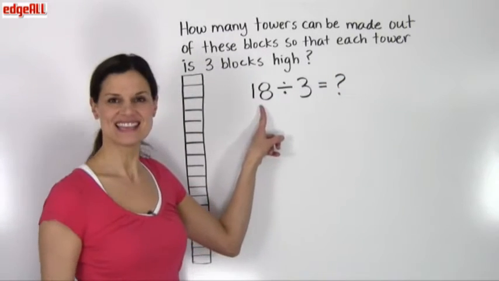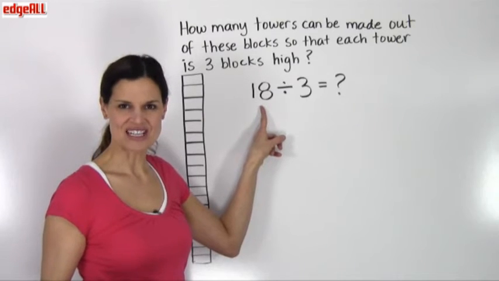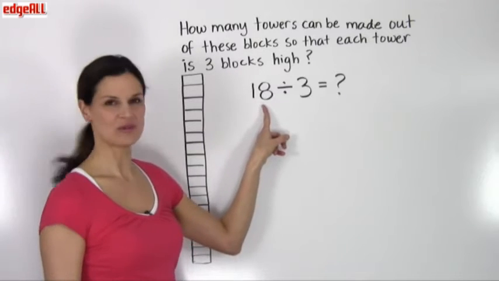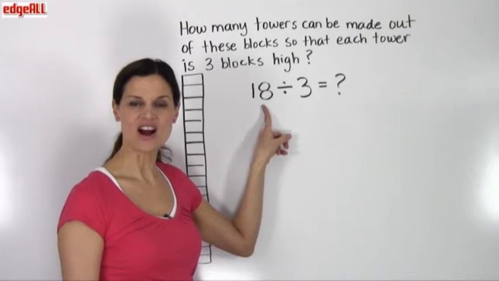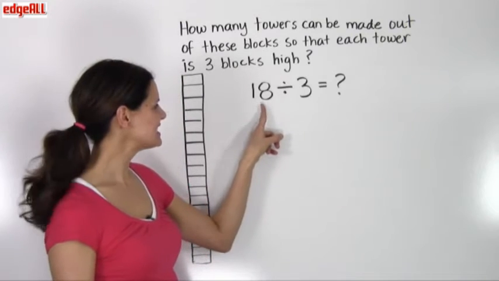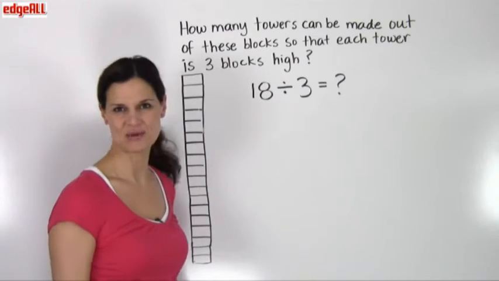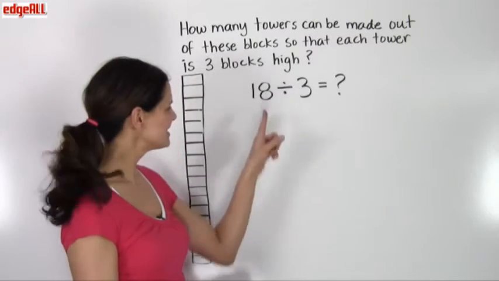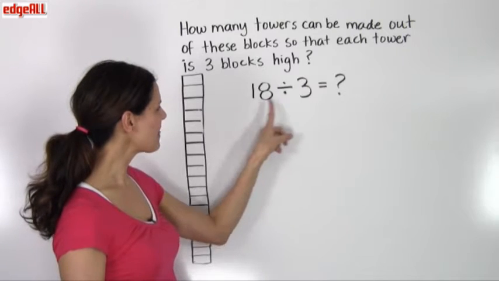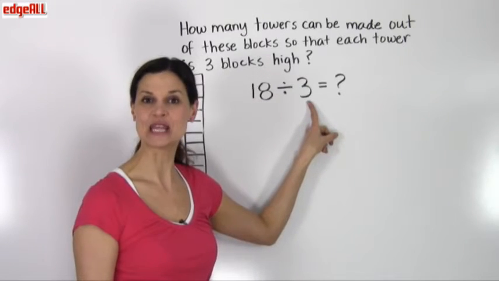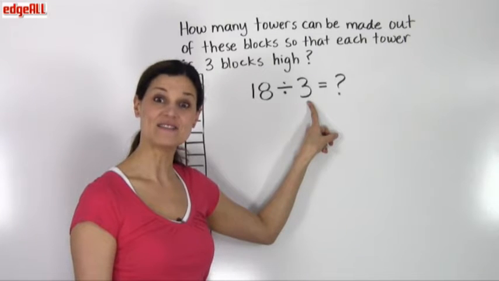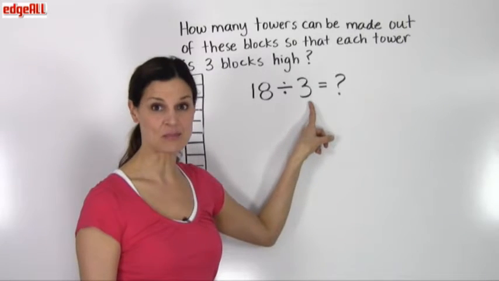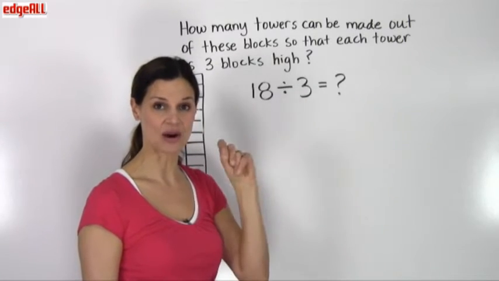In this case, to review the names of the different pieces in our division equation, this number right here, the 18, we call our dividend. This is the total number of blocks that we're using to make our smaller towers. The next number here, in this case the 3, is what we call our divisor, and it represents the number of blocks in each tower.